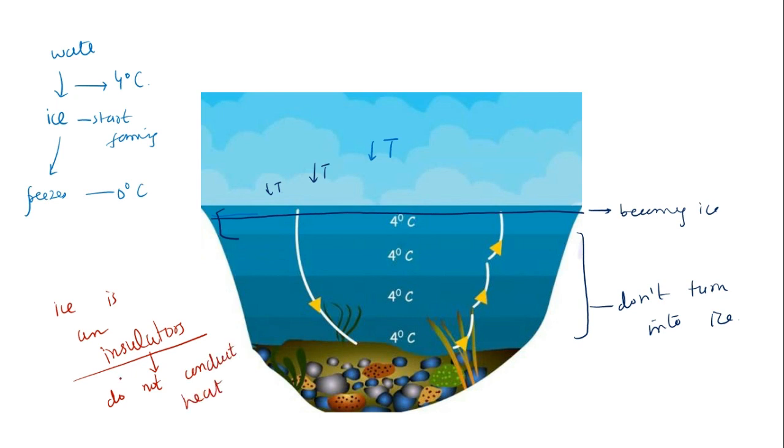So, if they don't conduct heat, it means that they don't allow the heat of the warmer water present below the ice to get lost into the atmosphere, and it does not allow this water to become cold. So this water that is present below the layer of ice remains warm.